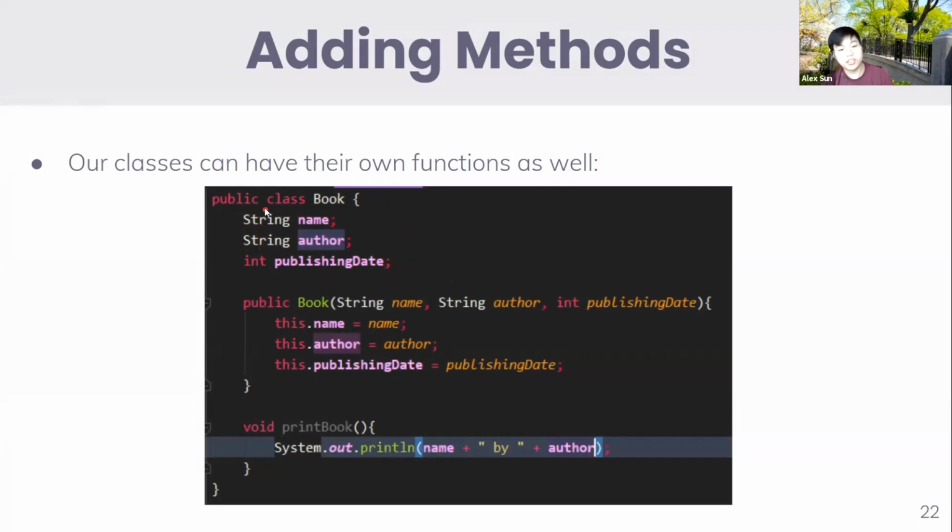Well, first of all, let's talk about an even easier thing. See how our book has public in front of it right here? Public is very simple. Basically, if your code is in the same source folder, you can access it, right?